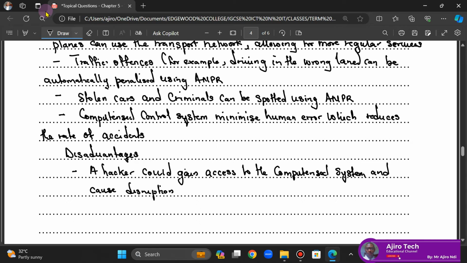So everything that has to do with a network, we have to be careful, because it simply means there can be unauthorized access to this network and it may not be for good intentions.